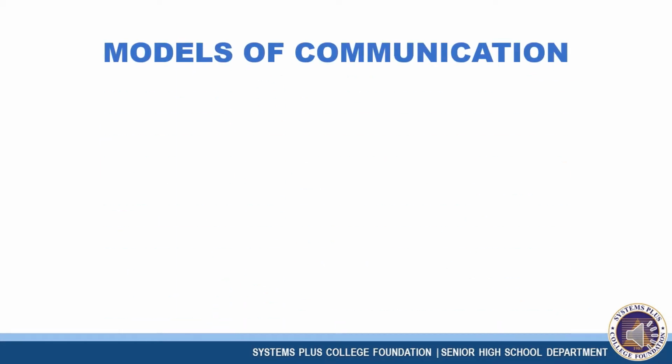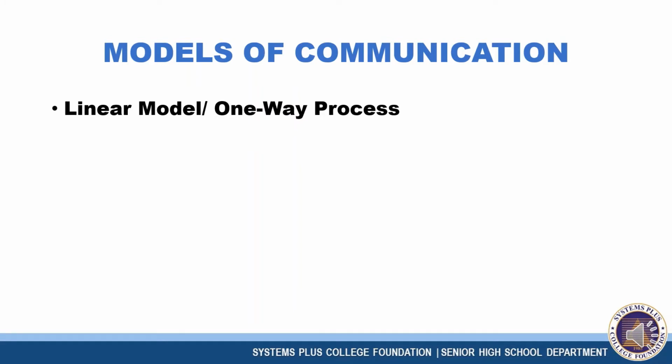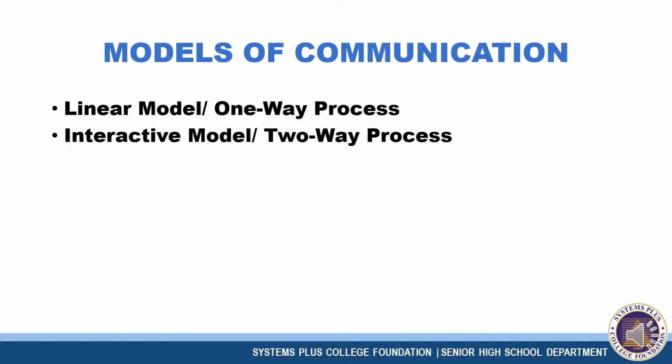We also tackled the 3 models of communication: the linear model, also known as the one-way process; second, the interactive model, or the two-way process; and the third one is what we call the transactional model.